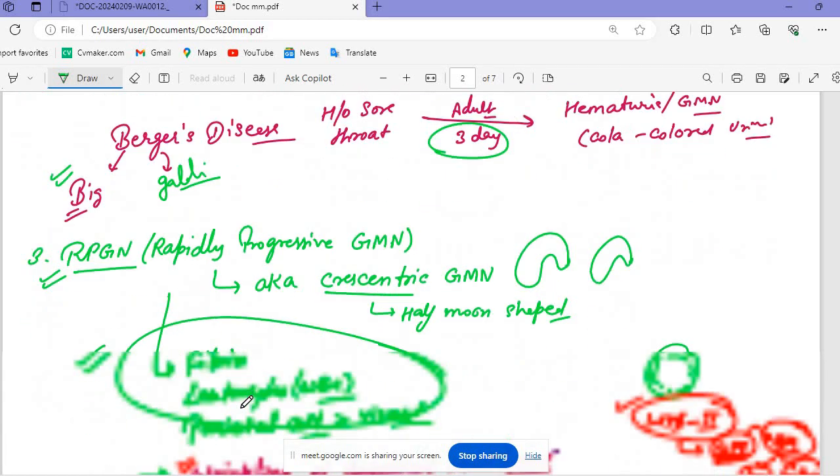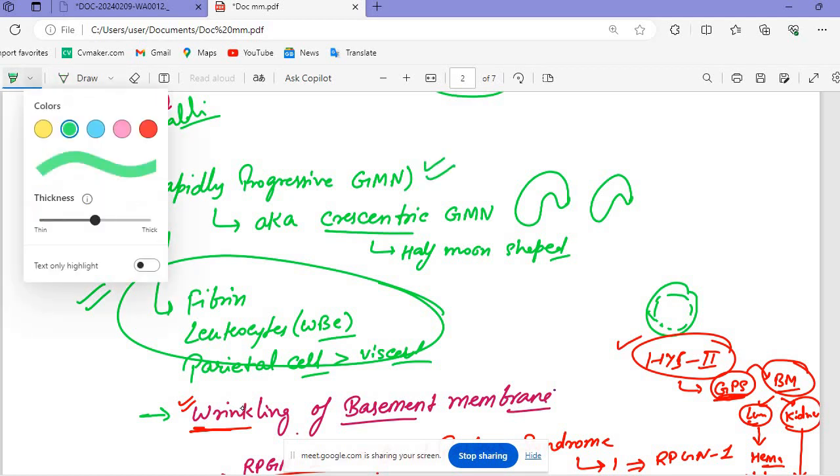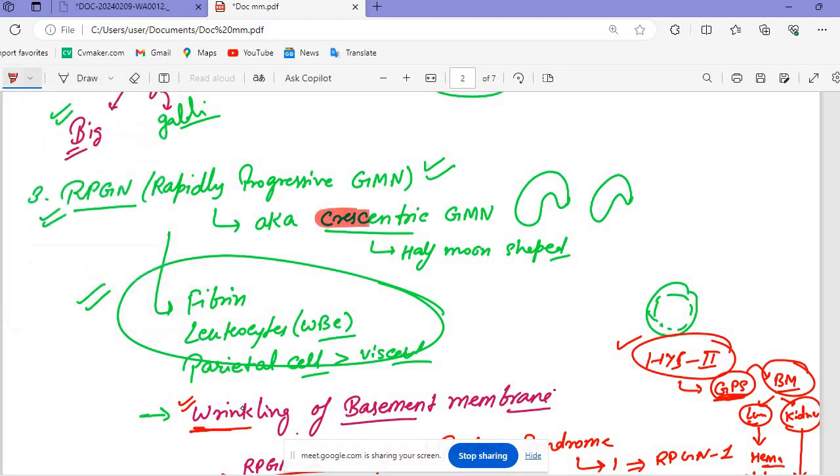Okay. RPGN, rapidly progressive glomerulonephritis. In the question, if you are getting crescentic or half moon shaped glomerulonephritis, that is talking about RPGN.